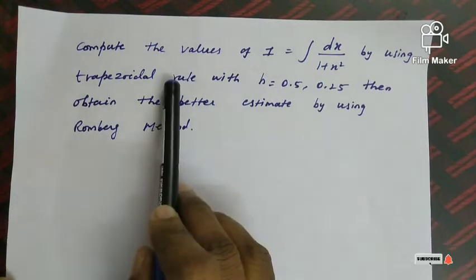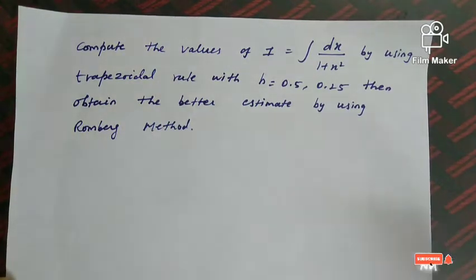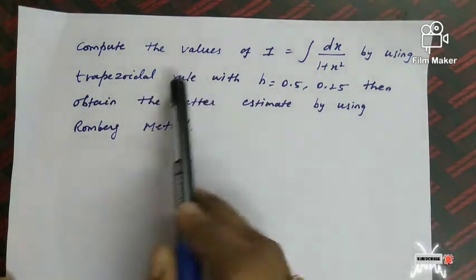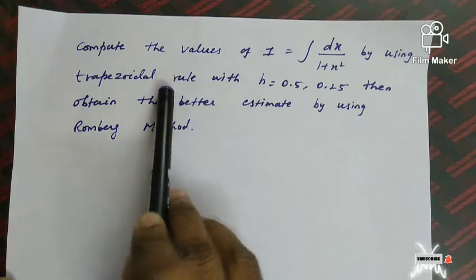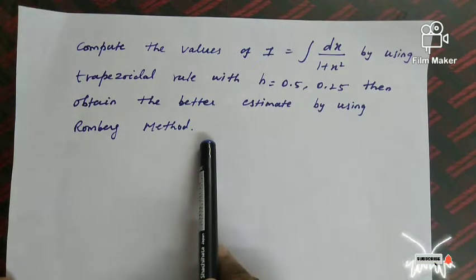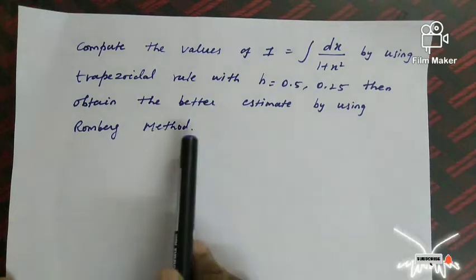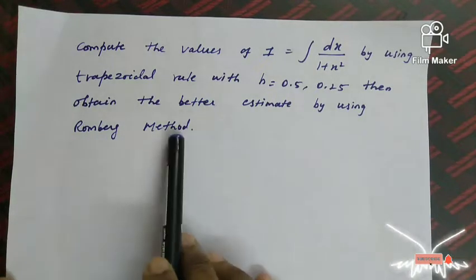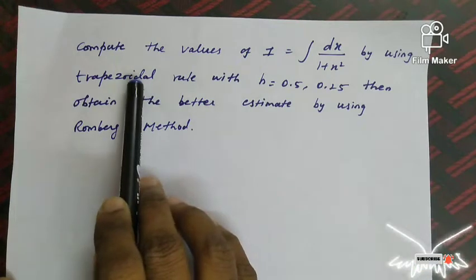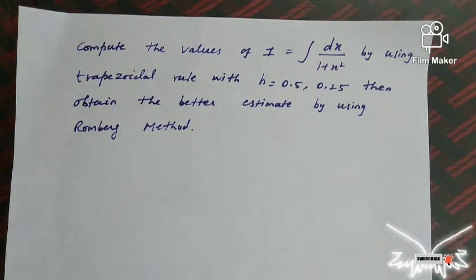If it is Simpson's 1/3 rule, we have to go for Simpson's 1/3 rule. In the same question they may mention two rules also, trapezoidal as well as Simpson's 1/3 rule, then we go for Romberg's method. So Romberg method won't come separately; it will come with either trapezoidal or Simpson's or both rules. Is it clear? Now we will see how to do the problem.